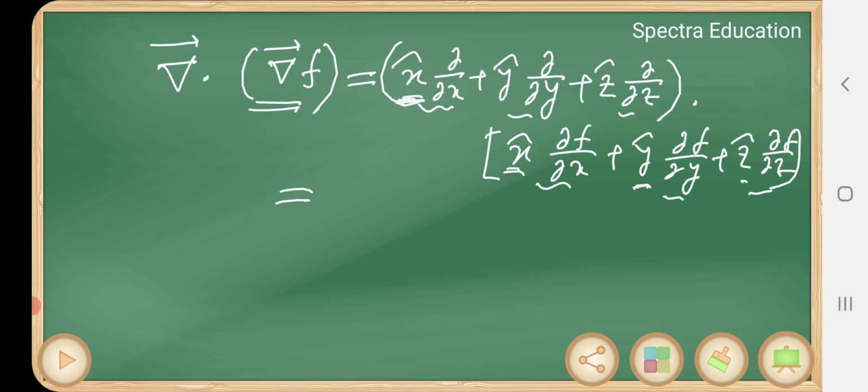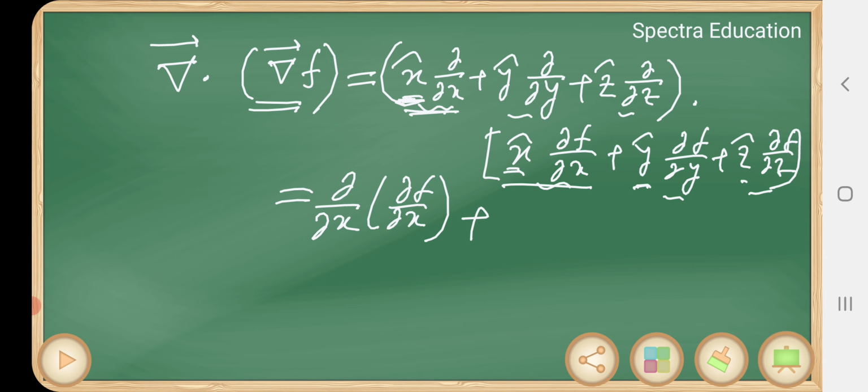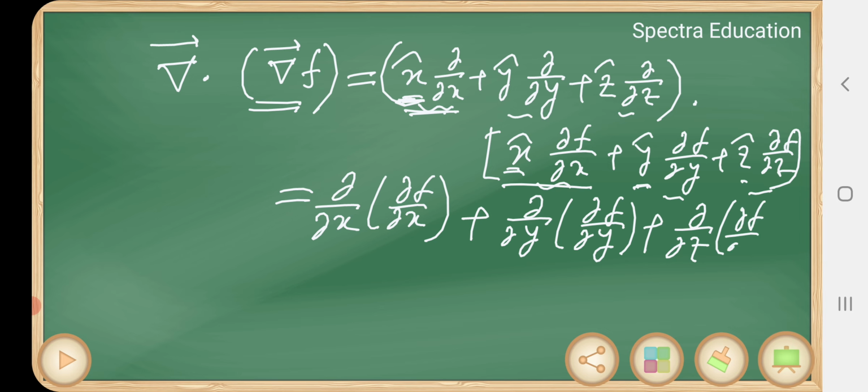So if we do the dot product of x cap del del x with x cap del f del x, it gives you del del x of del f del x, the first term. Similarly, del del y of del f del y plus del del z of del f del z.